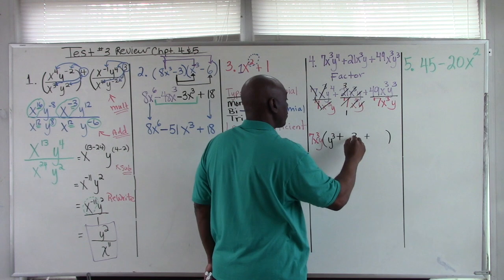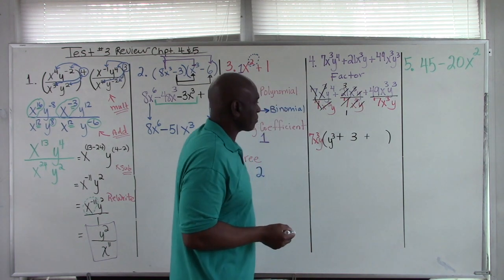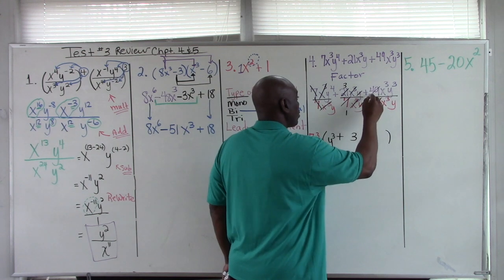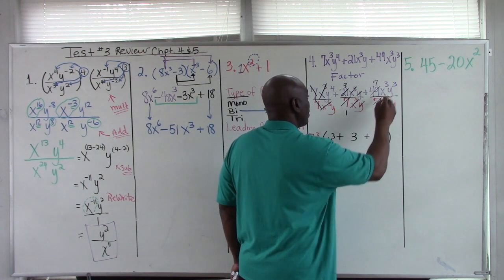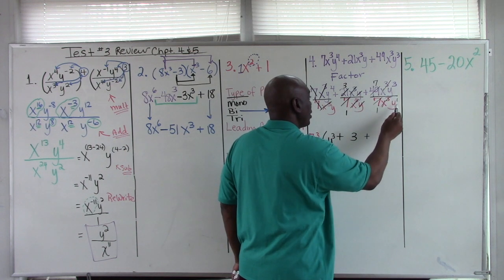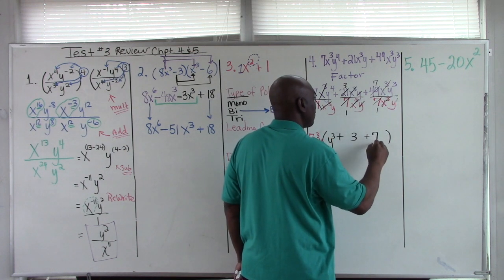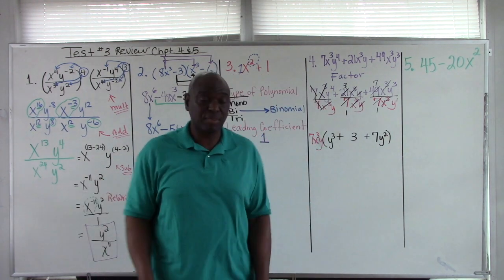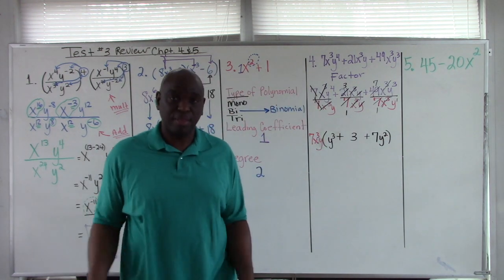So I just have a 3 right here. 7 goes into itself once. 7 goes into 49 7 times. The x cubes cancel out. And then 3 minus 1 is 2. So I have 7y squared. And that's it. It's factored. That's the answer.